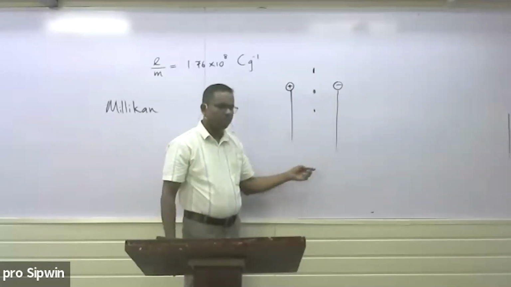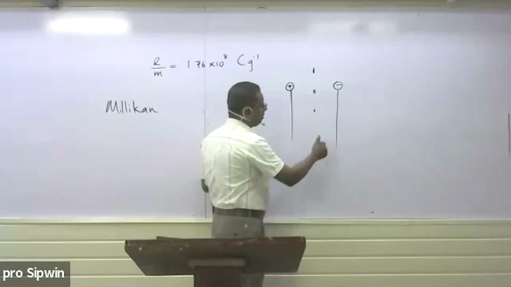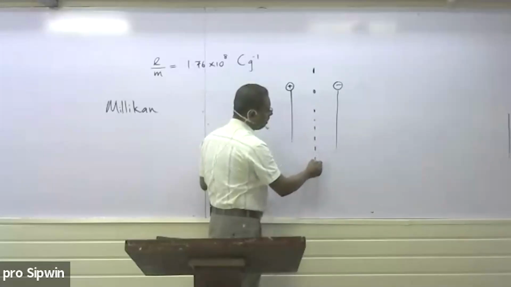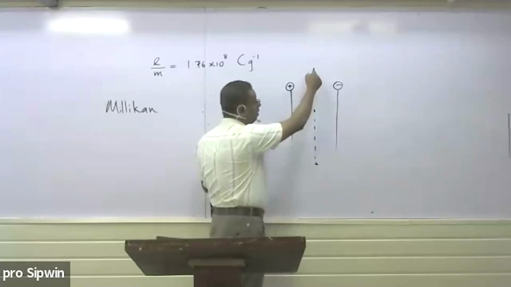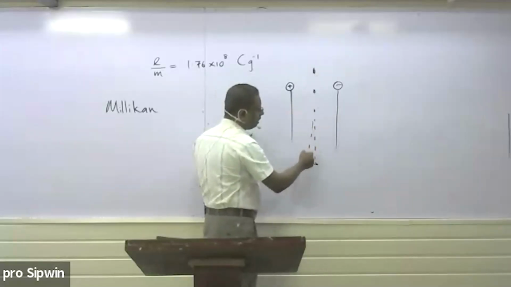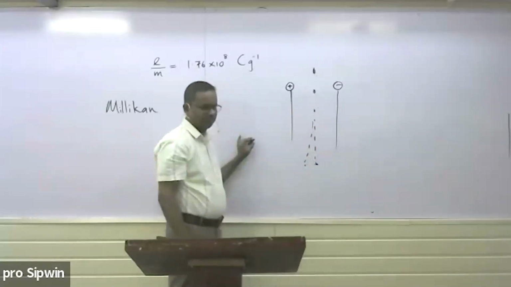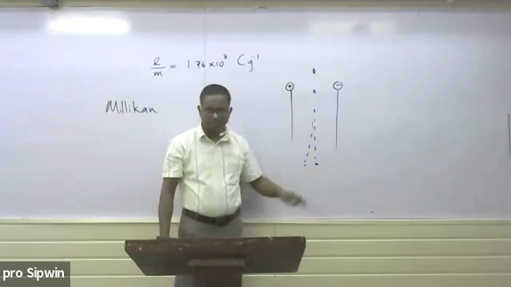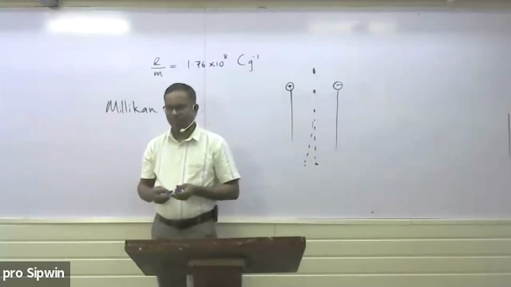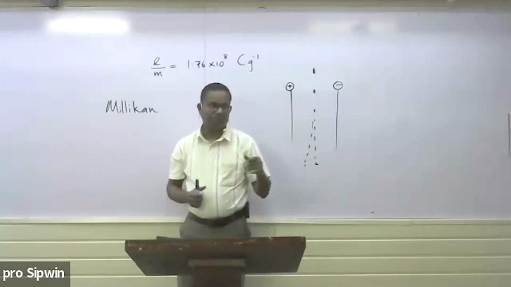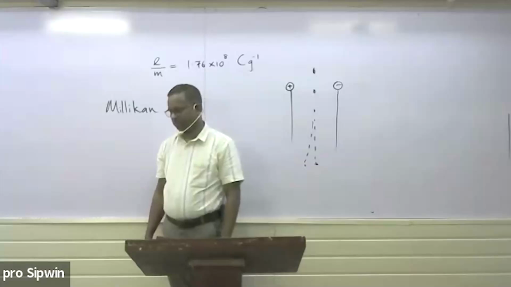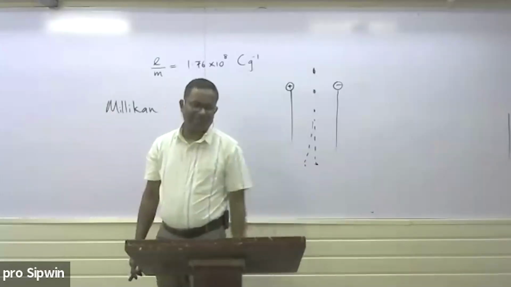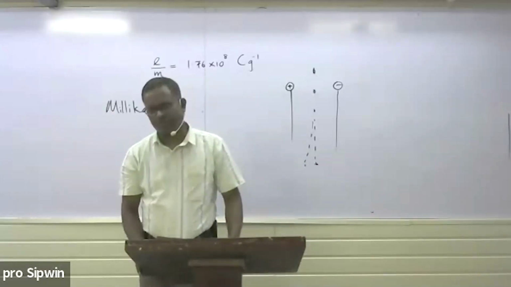Without the electric field, the drops come directly to this place. With the electric field, the charged oil drops change their path like this. By measuring the distance here and using mathematics, determine the charge of an electron. It's not in your syllabus.